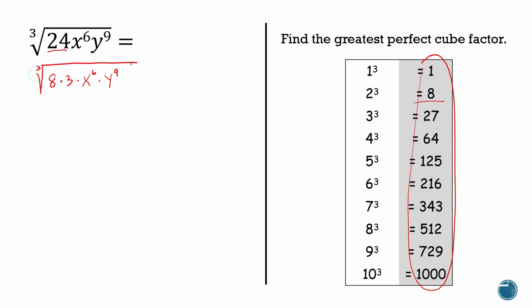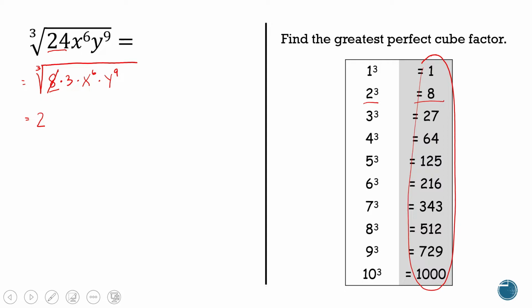So now what is the cube root of 8 times 3 times x raised to 6 times y raised to 9? We all know that the cube root of 8 is positive 2. Cube root of x raised to 6, we simply divide that exponent by 3 because the index is 3.